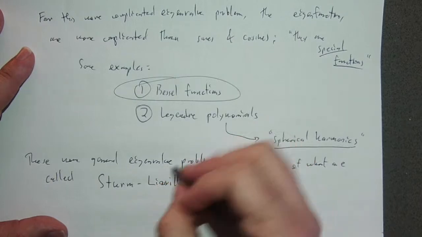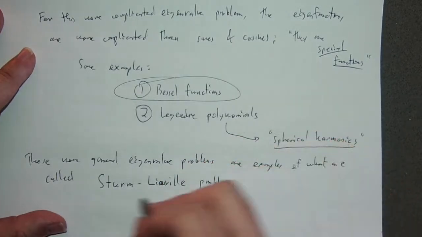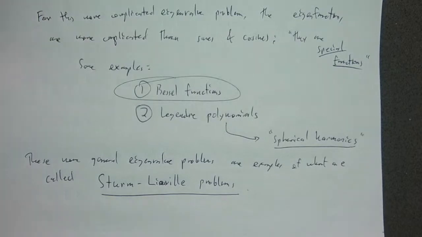The eigenvalue problems that we've seen already are just very special cases of Sturm-Liouville problems. If you look up a Sturm-Liouville problem on, say, Wikipedia or somewhere online, you'll see that it's a substantially more general thing, of which ours is a special case. If you look up that formula, you can probably see what you need to set equal to what in order to get the eigenvalue problems that we're familiar with. Okay. All right.